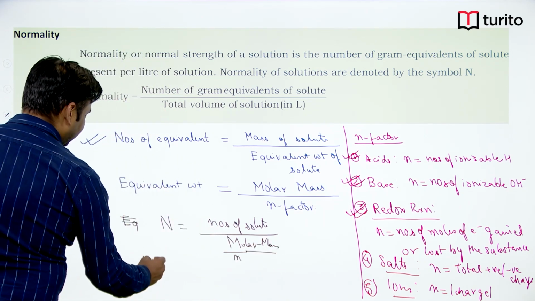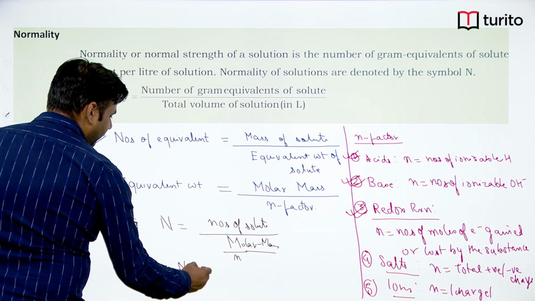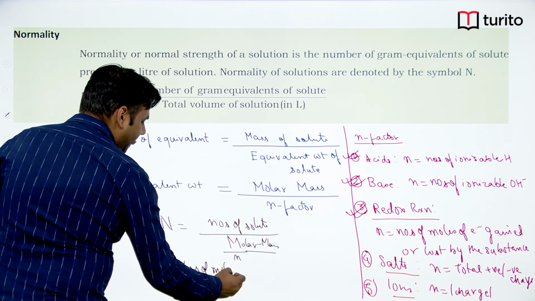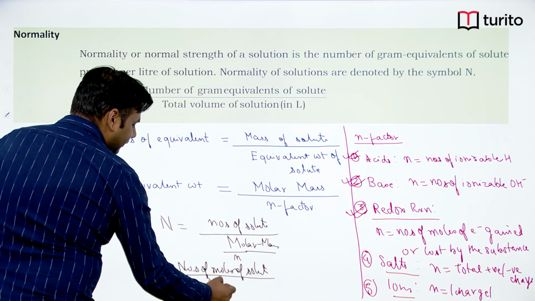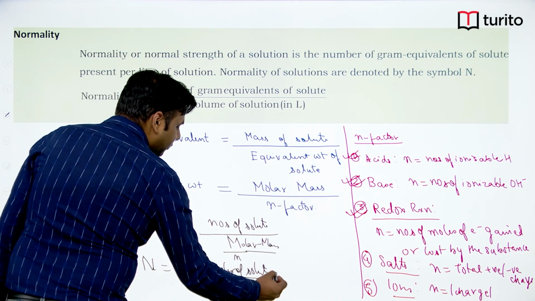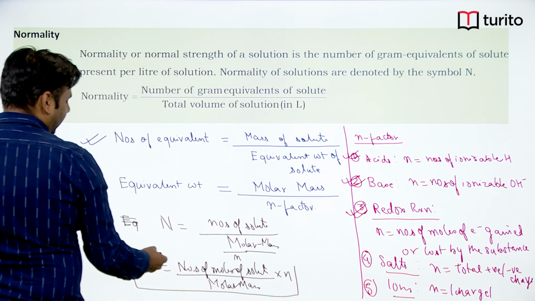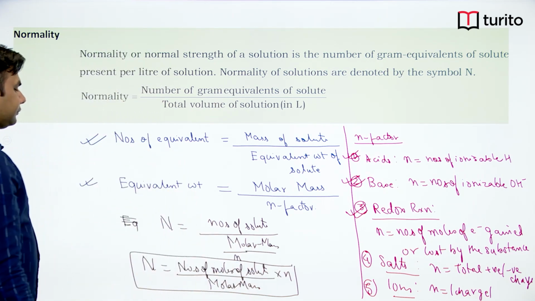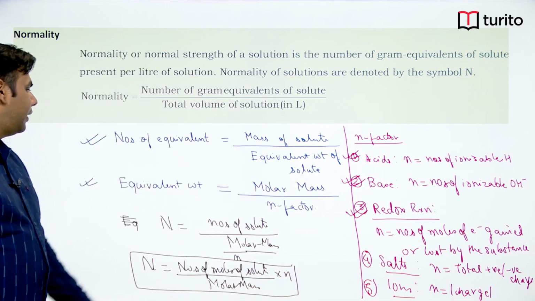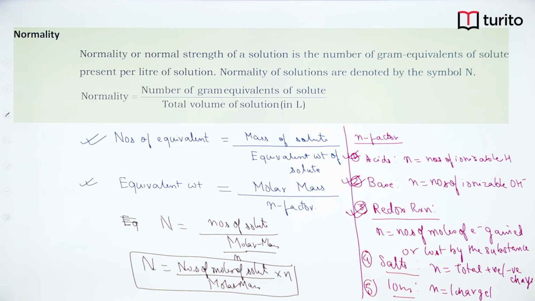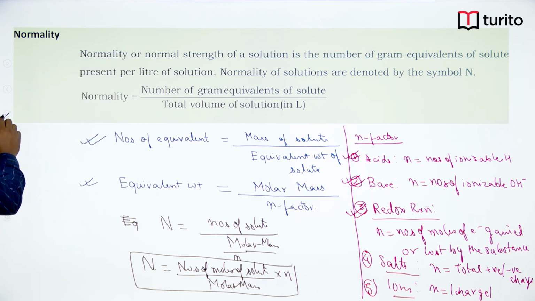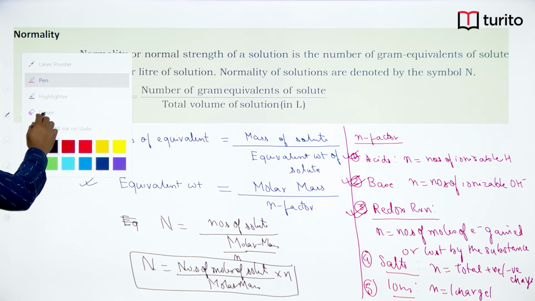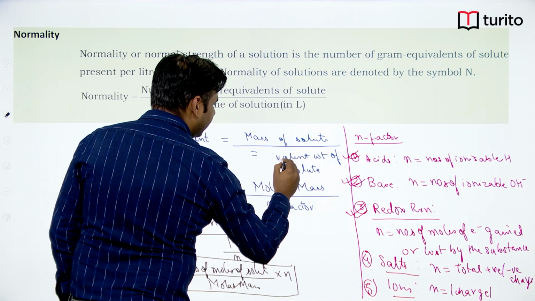So normality is number of moles of solute divided by molar mass into N. Oh sorry, we have made a very big blunder over here. Let me just show you what blunder we have done.